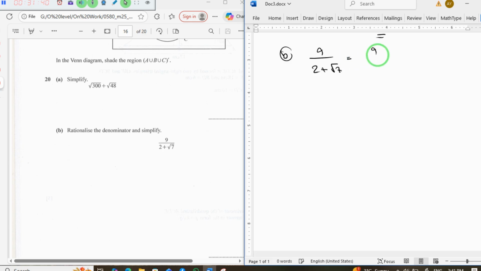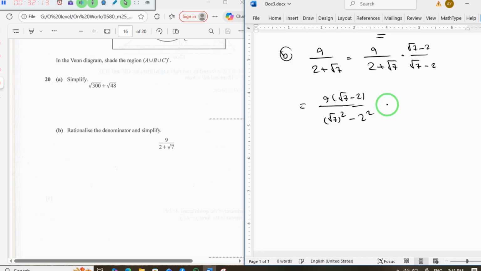To rationalize, we multiply both top and bottom by square root of 7 minus 2 over square root of 7 minus 2. Then we can write 9 multiplied by square root of 7 minus 2, over square root of 7 squared minus 2 squared.